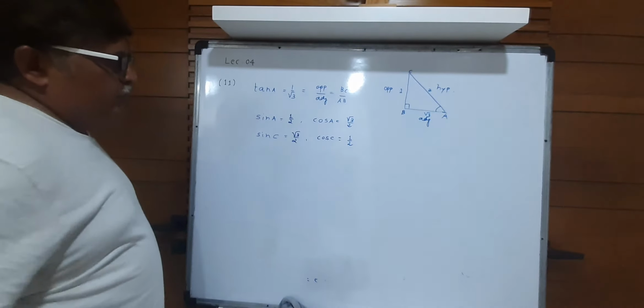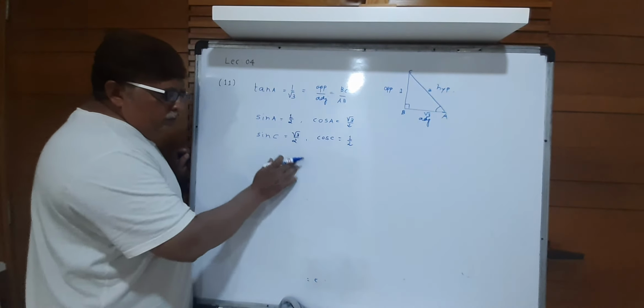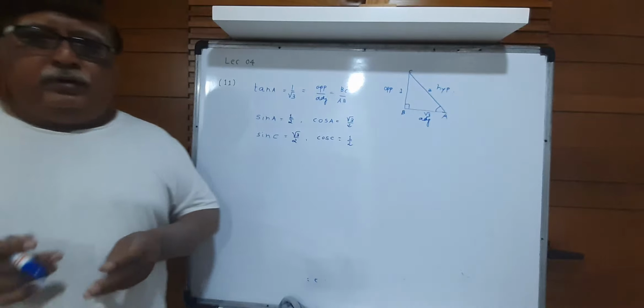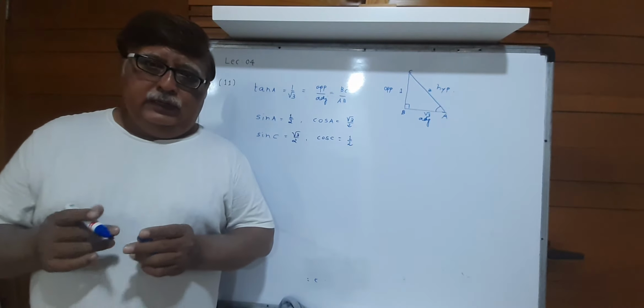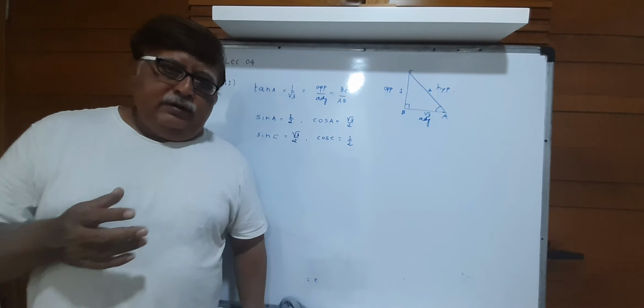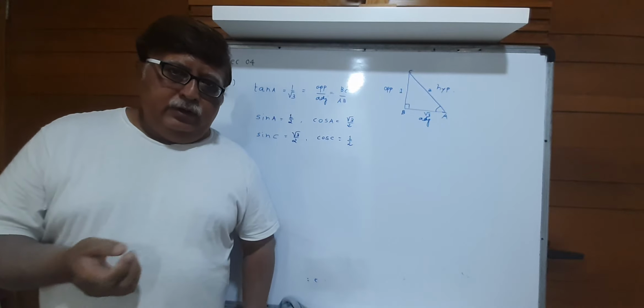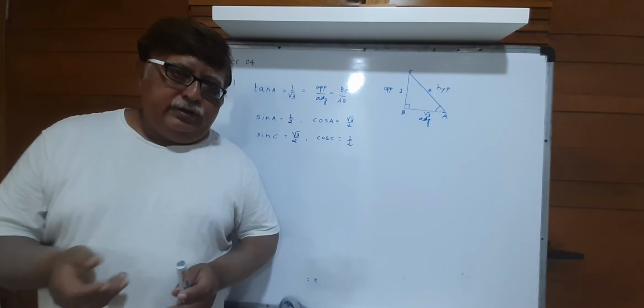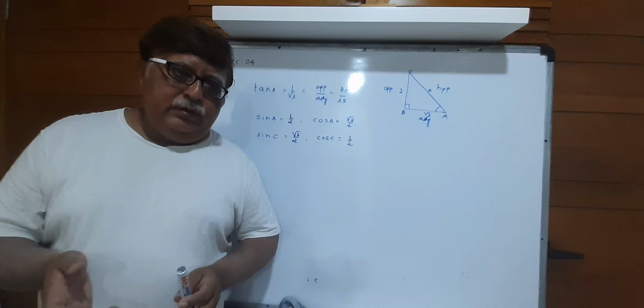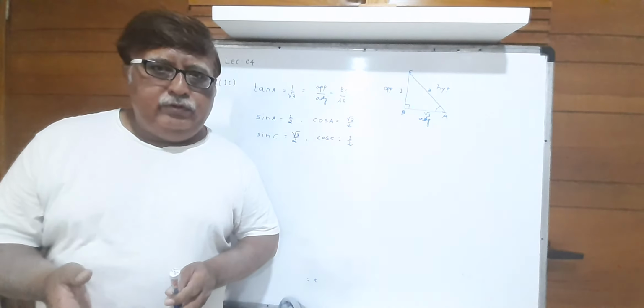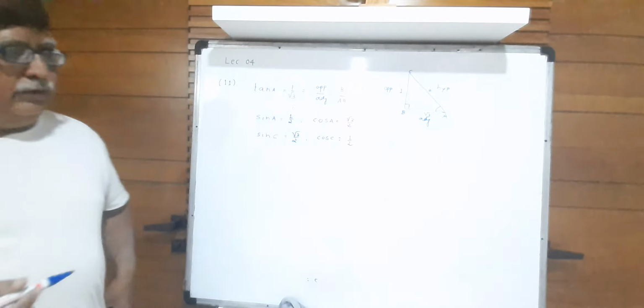So 4 ratios have been found out, which was actually the demand of the example. I haven't done unnecessary work to find all trigonometric ratios here, which were not in the demand of the sum. So don't look for that, okay?